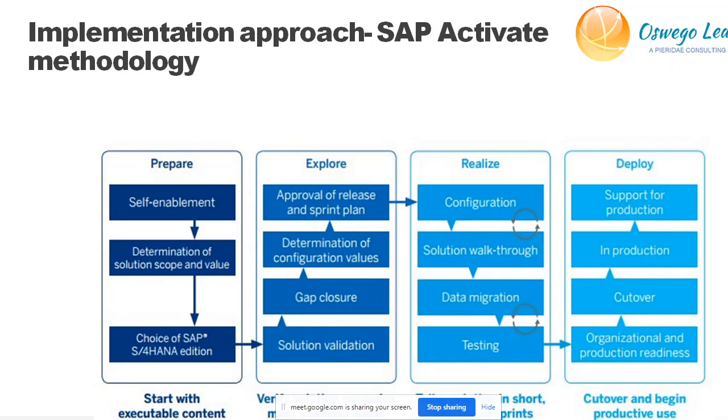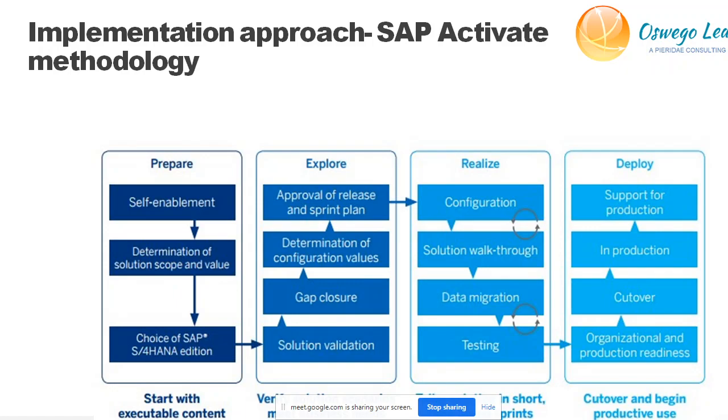It starts with the prepare phase, then goes to the explore phase, then the realization phase, then the deploy phase. Whenever an organization decides to implement C4C, they go to the prepare phase: self-enablement, determination of solution scope and value, then choice of SAP S4HANA edition or C4HANA system.